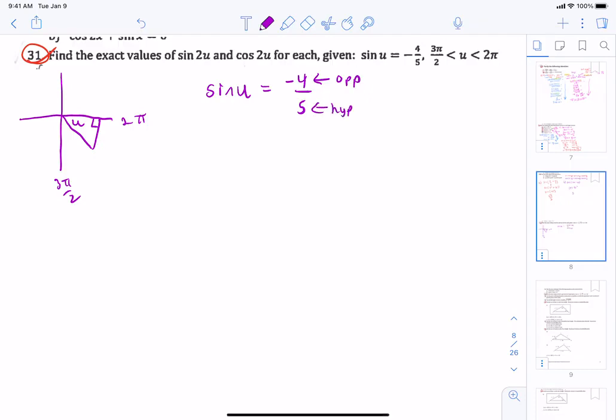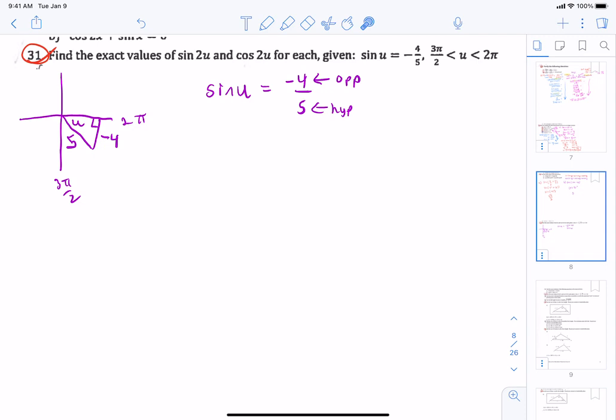I know the negative is with the sine because the hypotenuse is always positive. Remember that, always positive. So this is 5 and this is negative 4. Now, we need to also find that x. How do we find that missing side? If you know two sides of a right triangle, what can you use to find the third?